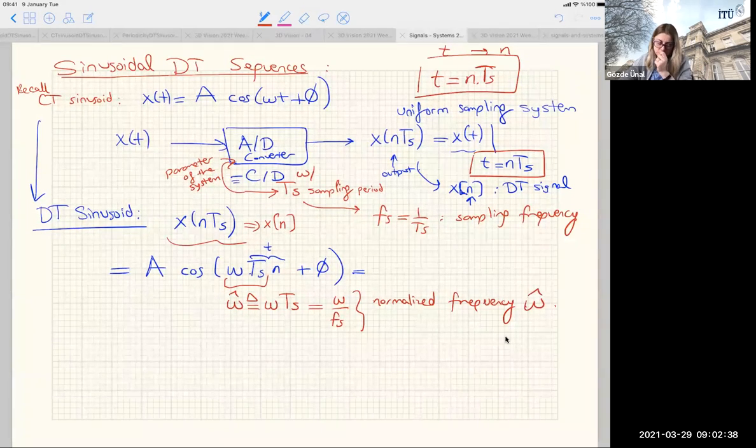Okay? So that means for sampled signals, x of n, this output, x in square brackets n, the frequency we're talking about is actually omega normalized by the sampling frequency.